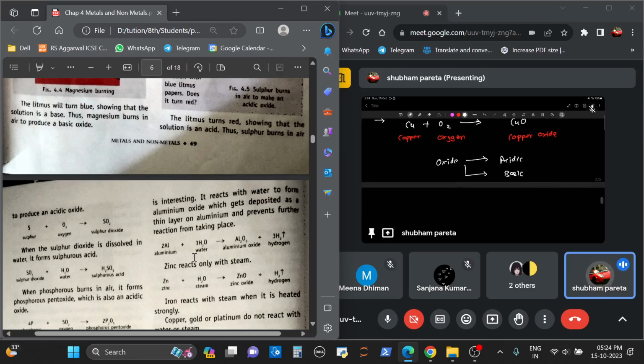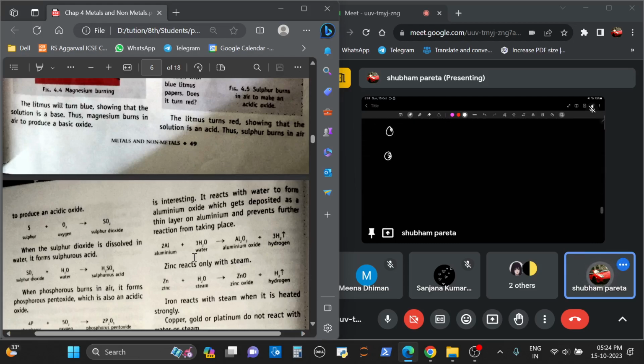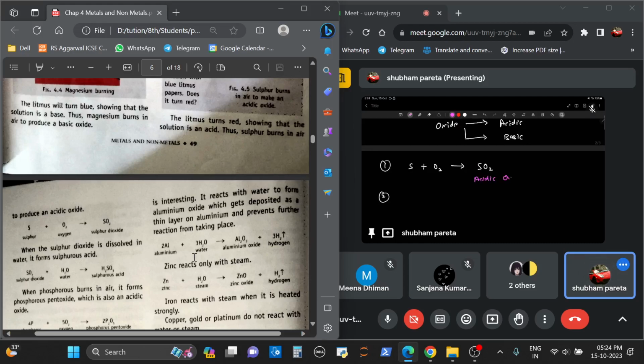For example, for the acidic oxide: sulfur plus oxygen gives us sulfur dioxide, SO2. This is the acidic oxide which we are obtaining over here.